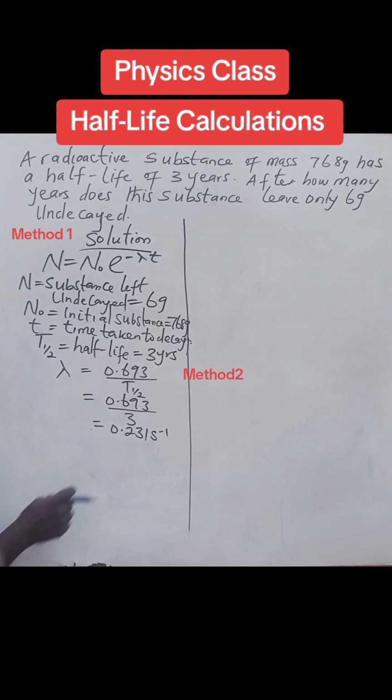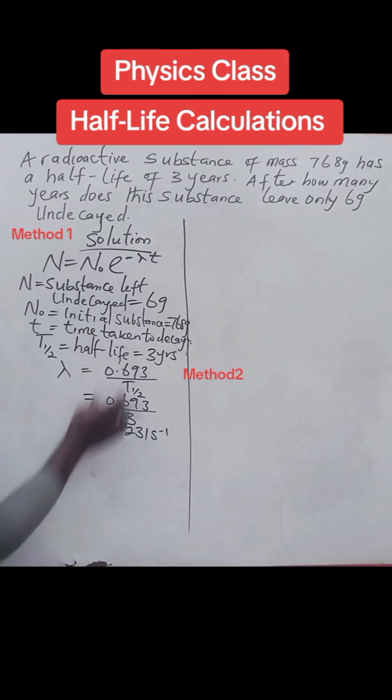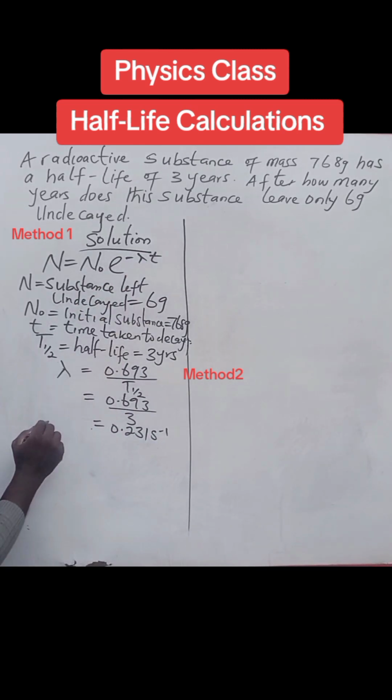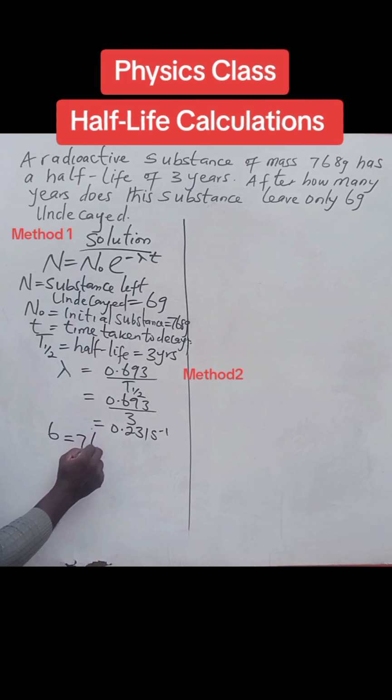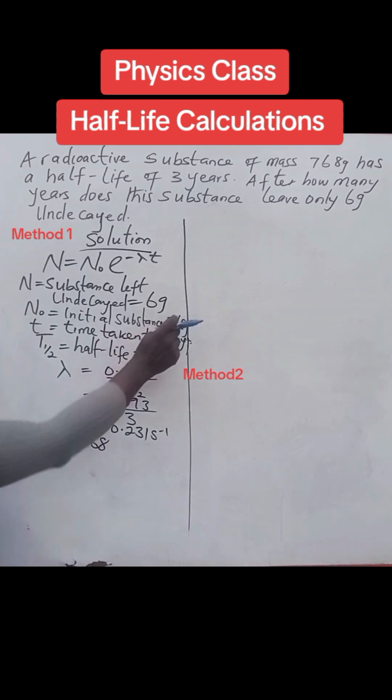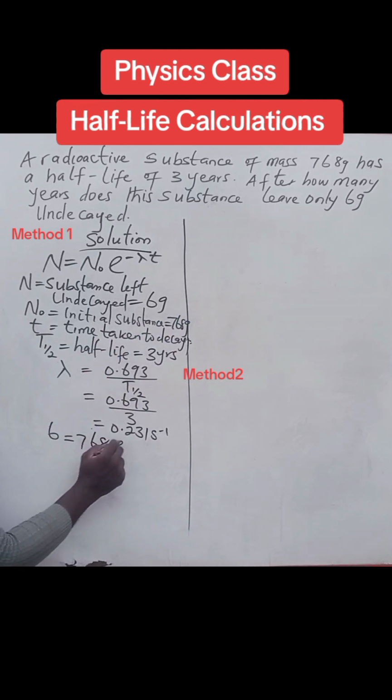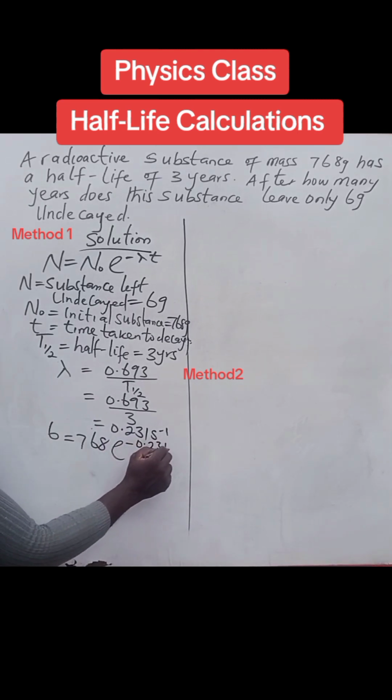What you do next is to substitute these parameters into this equation. In place of N, you put 6. In place of N naught, you put 768. In place of lambda, you put 0.231.